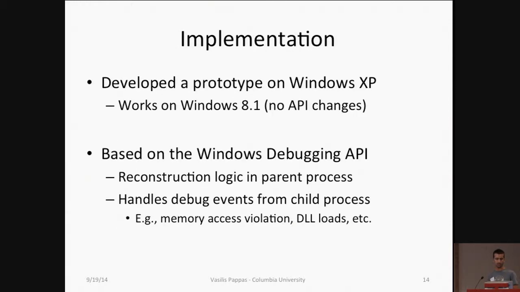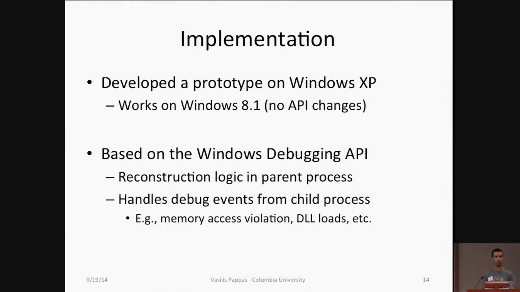So for the implementation, we developed a prototype on Windows XP, which still works on the latest version of Windows, Windows 8.1, because for the APIs we used, there were no big changes. Most of the implementation is based on the Windows debugging API, which is a two-process API, the parent being the debugger and the child process being the debugged one.